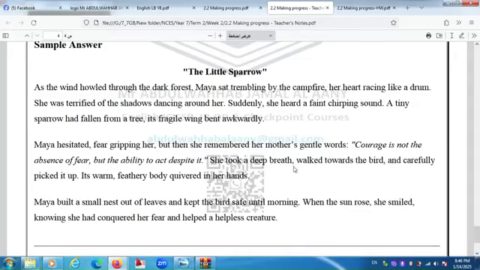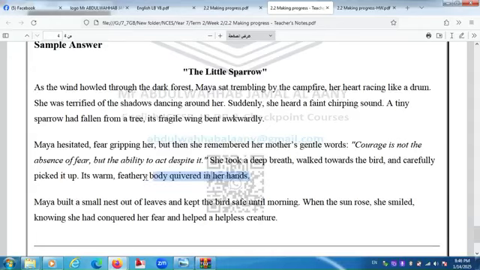She took a deep breath, walked towards the bird, and carefully picked it up. Its warm, feathery body quivered in her hands. She is transforming. Now the resolution.